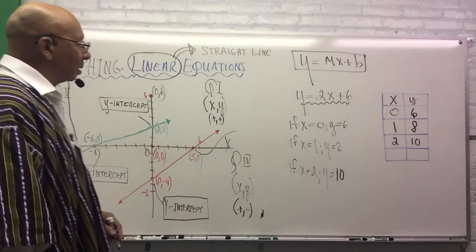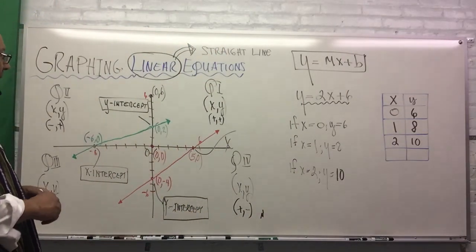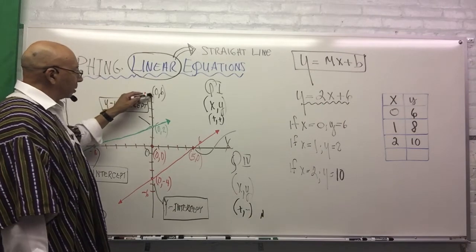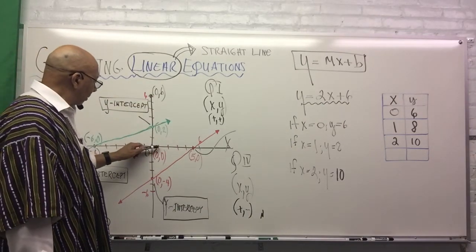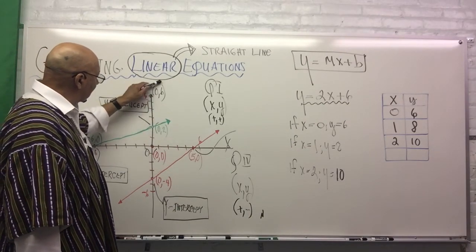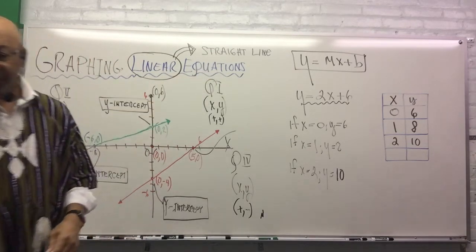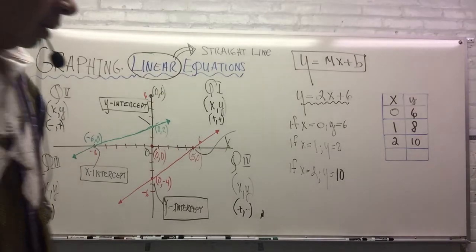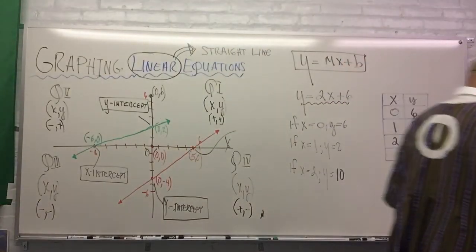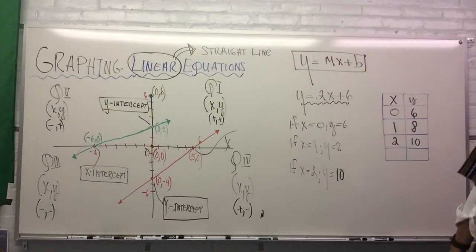So where are these points? See, if this is 0, 6, I have 1, 8. So I need to erase this so our line can be plotted. So I'll take that out so that there will be no interference with our plotting.